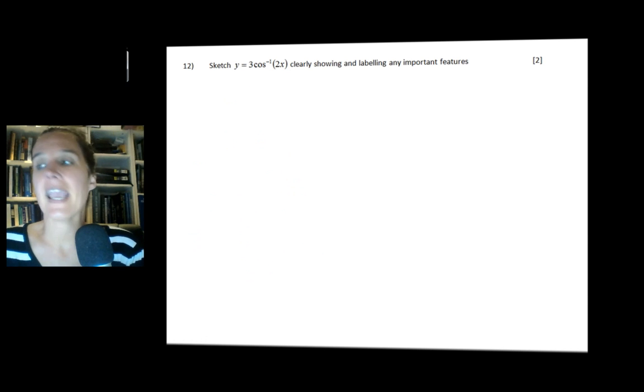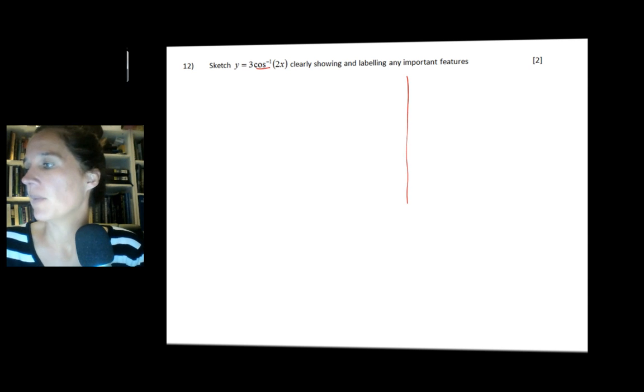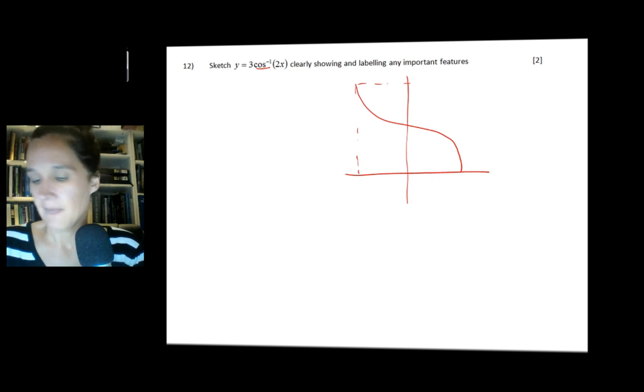Okay, now looking at question 12, we want to sketch here our inverse cosine function. So remembering our inverse cosine function has this shape here. And so generally we're going between minus 1 and 1, and here we're going between pi and 0.